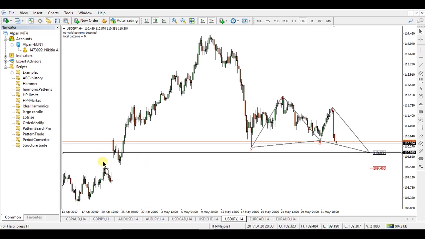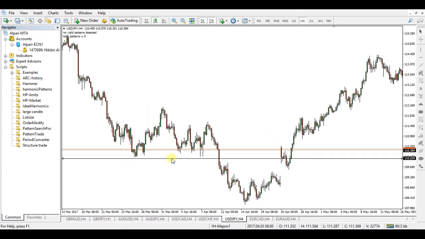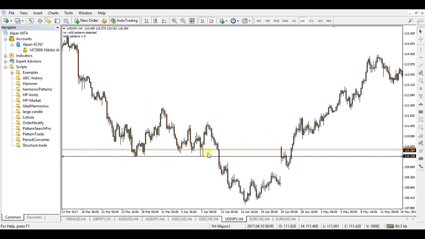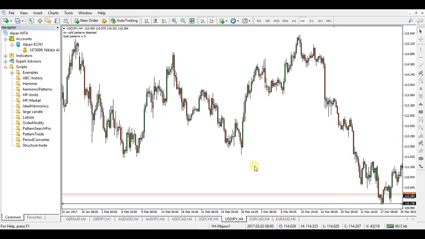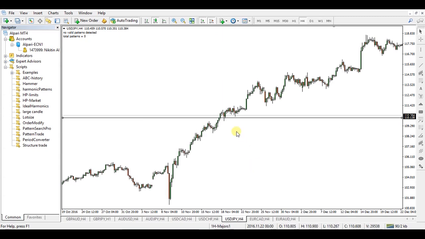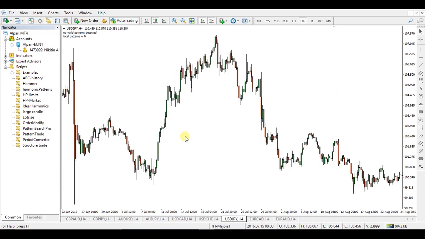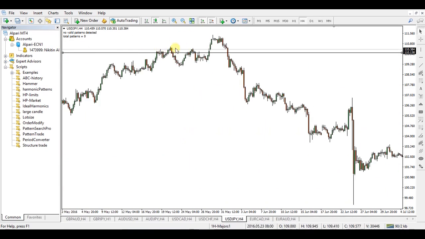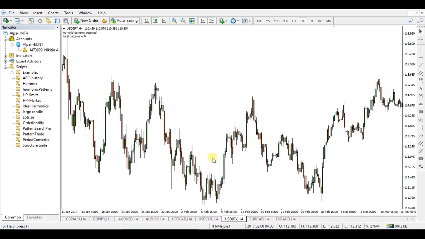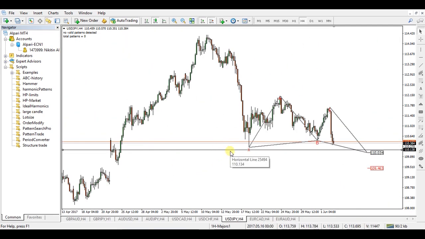A retest of this gap and this support resistance. Let me place it to be more precise. Resistance, resistance, resistance, and a gap in one more time. So this is the pattern I'm looking at.